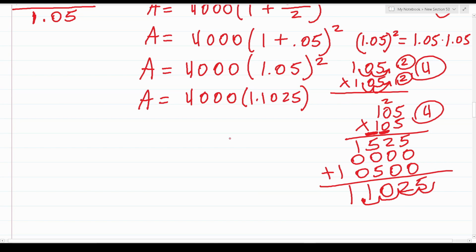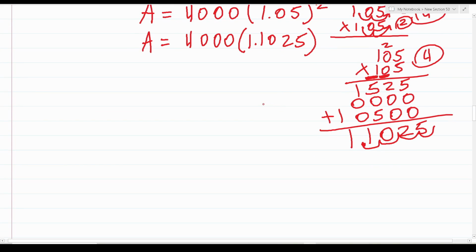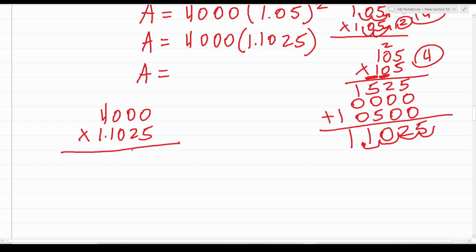And now all we have to do is work out this math here. And that's going to be pretty tedious to do, so I'm going to try to find a good amount of room to do it. So we have 4,000 times 1.1025. Again, we're multiplying a whole number by a decimal. So what you want to do here is shift this decimal in 1.1025 to the right, however many times it takes to clear the decimal completely.